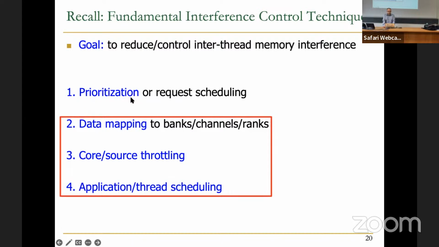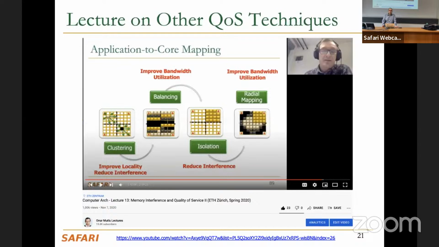We can do prioritization or request scheduling, also data mapping to banks, channels, ranks, core and source throttling, and application thread scheduling. I'd like to touch upon these three techniques, 2, 3, and 4 here. Again, if you want to learn more about QoS techniques, you can also watch this lecture from the past.